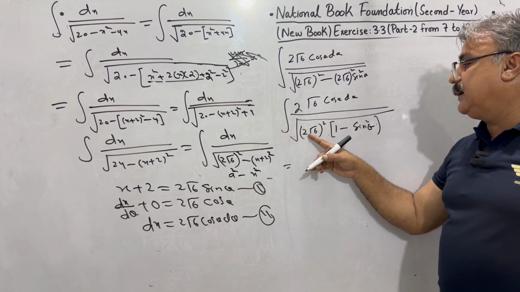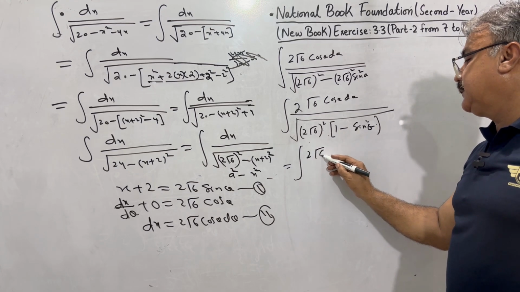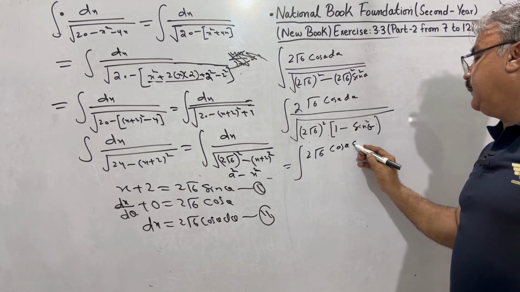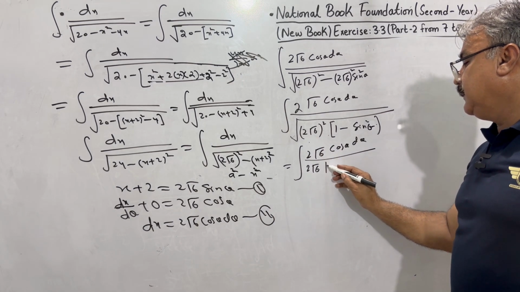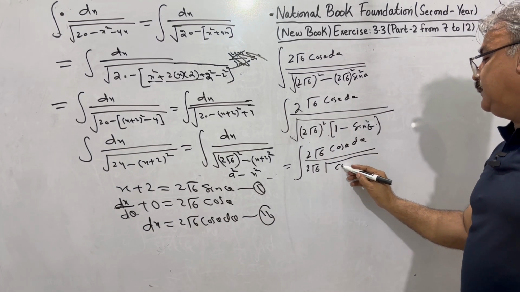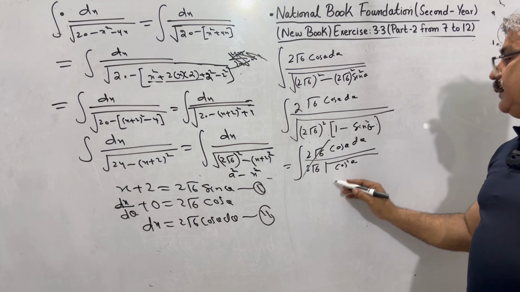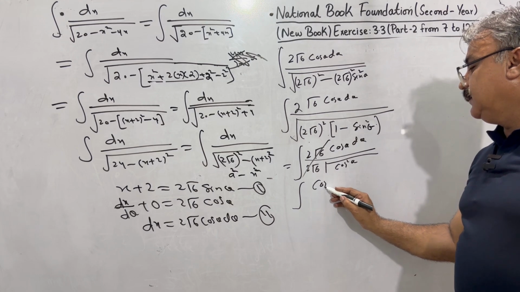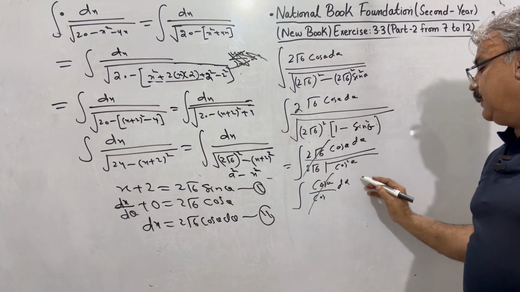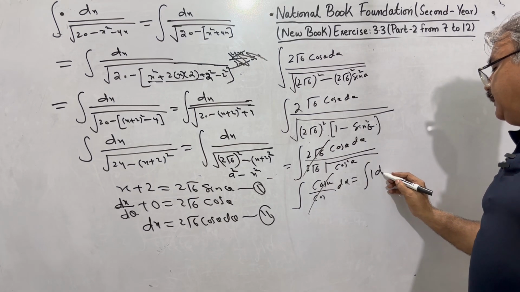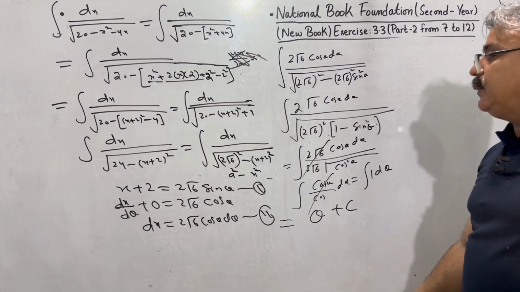Square and root cancel, it comes outside: 2 times root 6. So we have 2 times root 6 times cos theta d theta over 2 times root 6 under root 1 minus sine square, which is cos square. Square and root cancel. We have cos theta divided by cos theta d theta neutralized. We have only 1 d theta. 1 d theta means theta plus c.